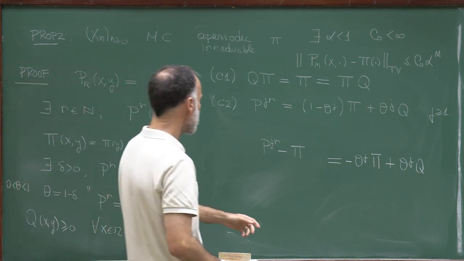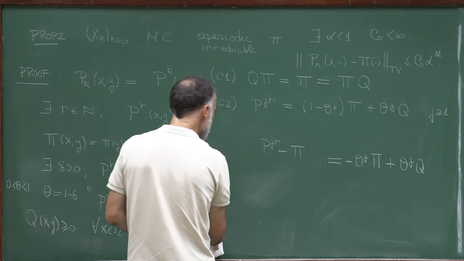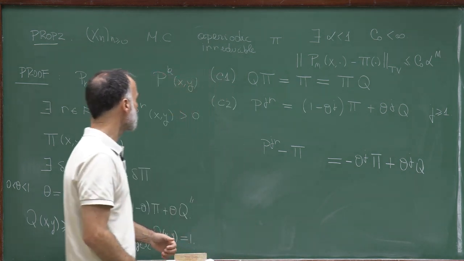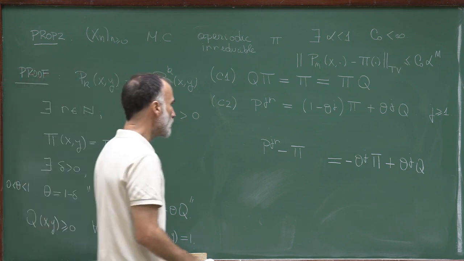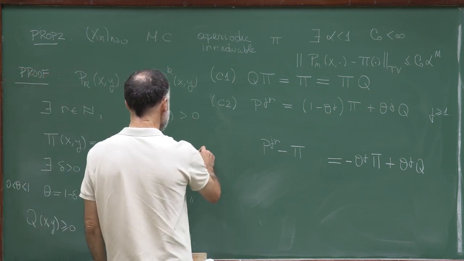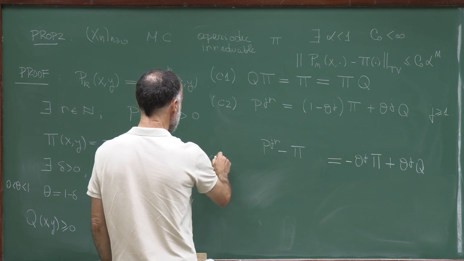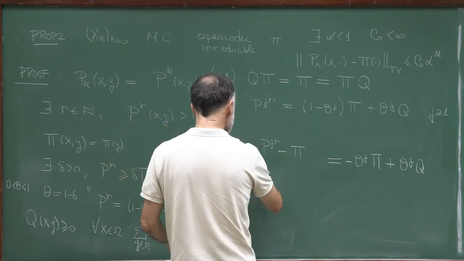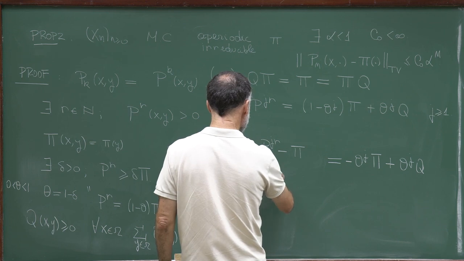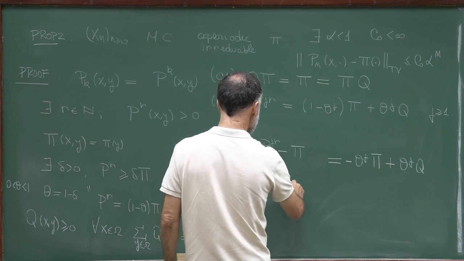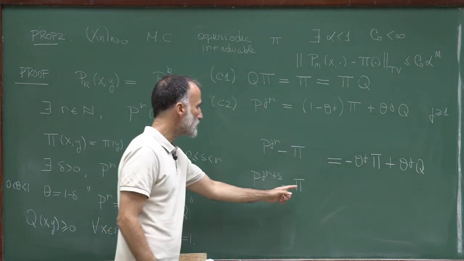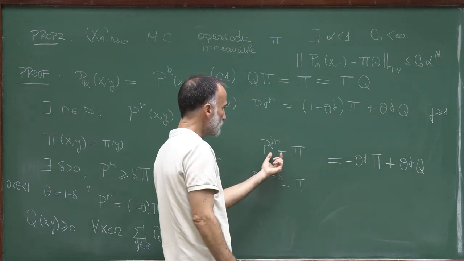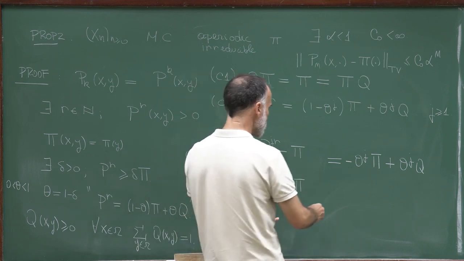And so now if I multiply that by some number s, between 0 and r, what I get is P^(jr+s) minus pi, since I'm multiplying on the right by P^s, but pi P^s is equal to pi.